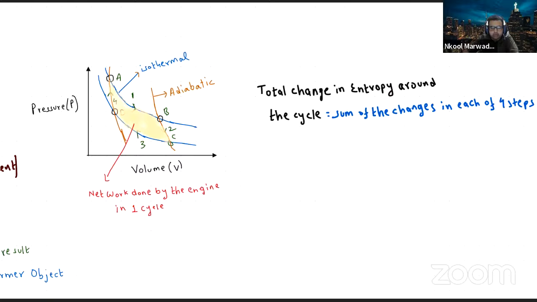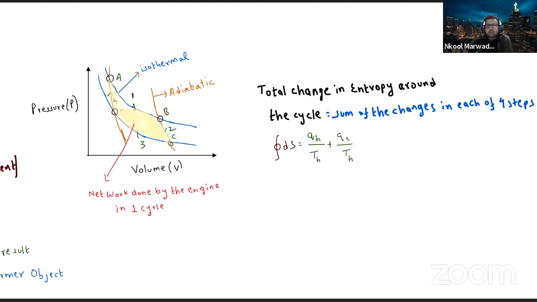Total change in entropy over the cycle is equal to QH by TH plus QC by TC, because in adiabatic processes, change in entropy is zero.